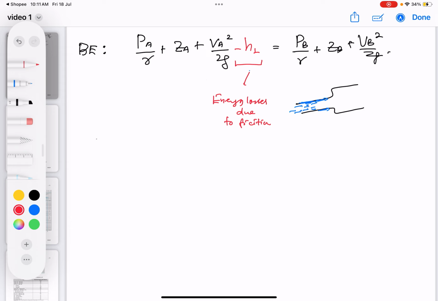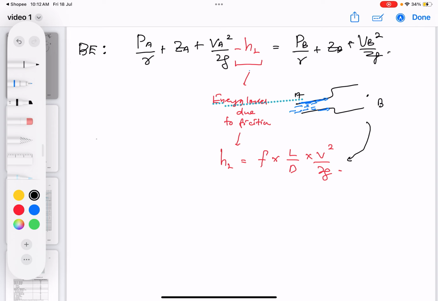For the H_L here, you can obtain the value of H_L by using the Darcy equation. H_L equals f multiplied by L over D multiplied by V squared over 2g. Going back to this diagram, let's say this is my point A and this is my point B. If I want to find how much energy is lost due to friction, I can use this equation.